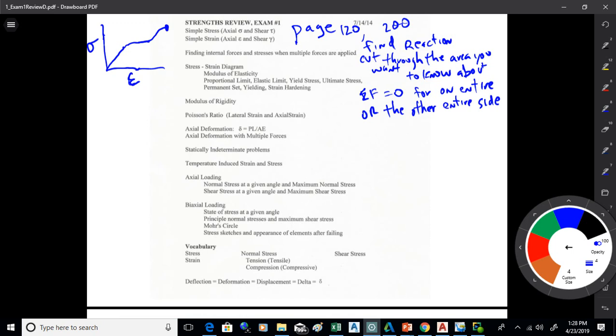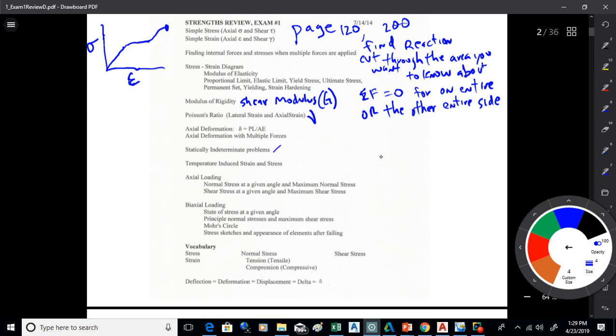Modulus of rigidity is actually more commonly called the shear modulus. It's G. Poisson's ratio is new. That's the ratio between lateral strain and axial strain. Axial deformation, we have that formula, delta is PL over AE. You could do that with multiple forces, break the object up into pieces. Okay.